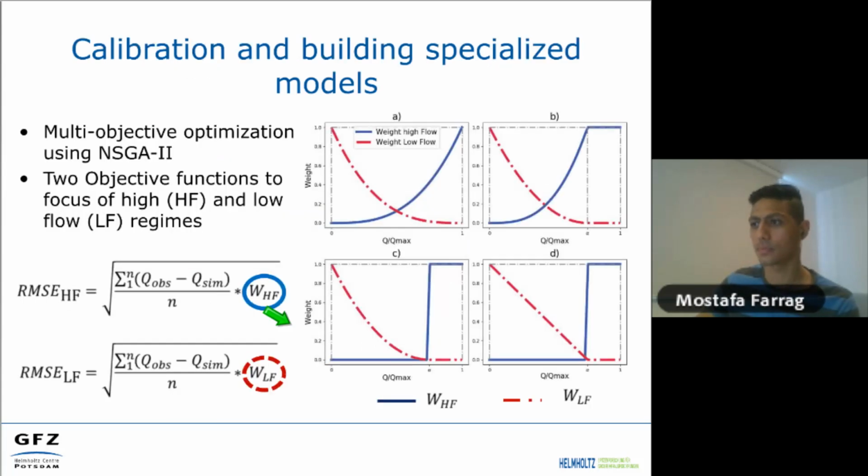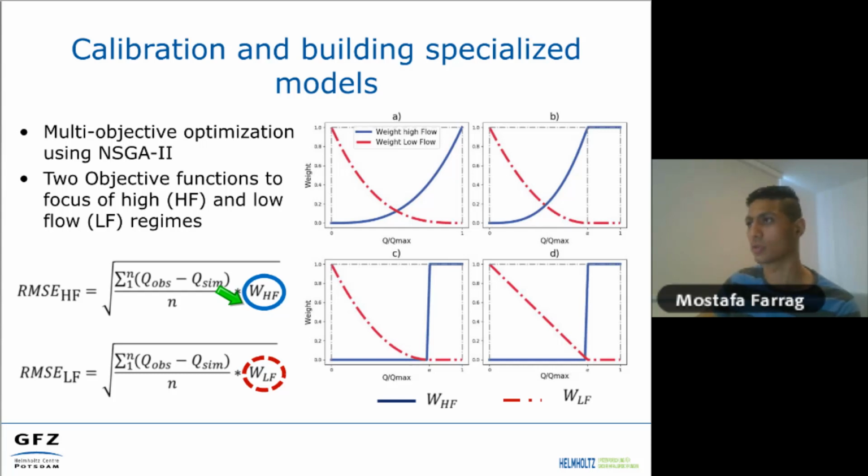For the first part, in the multi-objective optimization, we have two objective functions based on the root mean square error, and we add a weight to each of these objectives.